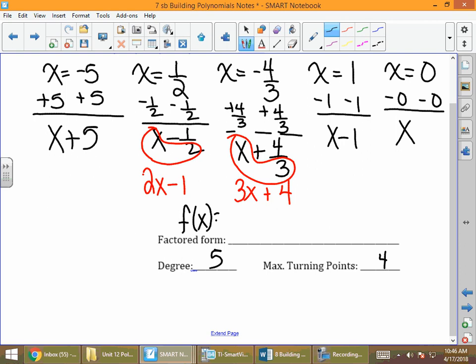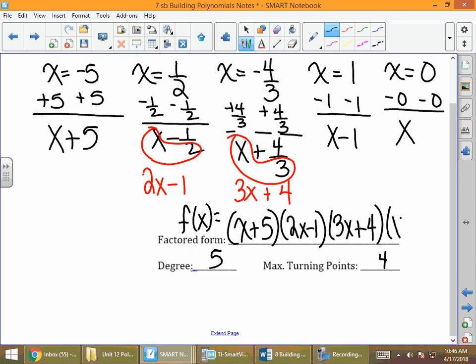It's f of x equals x plus 5 times 2x minus 1 times 3x plus 4 times x minus 1 times x. And just as an aside, I would write the x first, but clearly you don't have to.